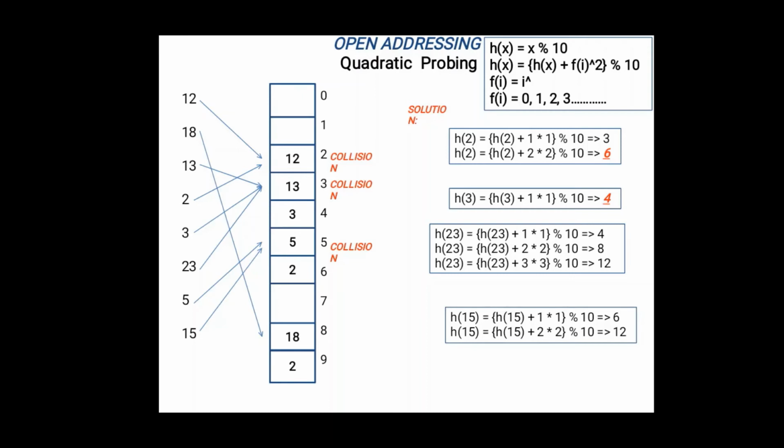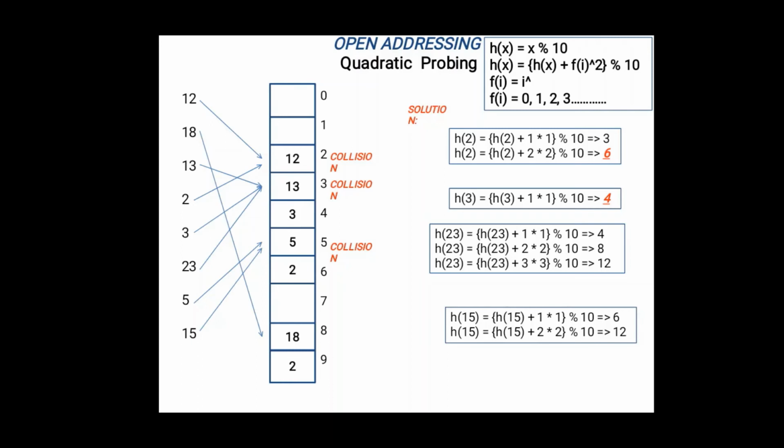So next, 5 mod 10 is equal to 5. Next is 15 mod 10, which is equal to 5. So there is a collision again, so we need to search that one. So here h of 15 is equal to (15 plus 1 times 1) mod 10, which is equal to 6.